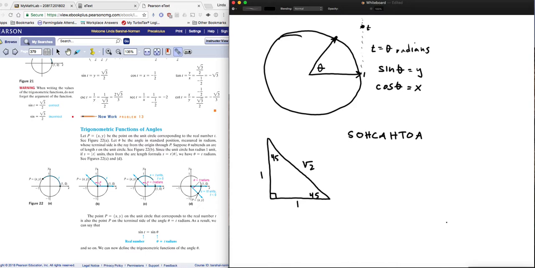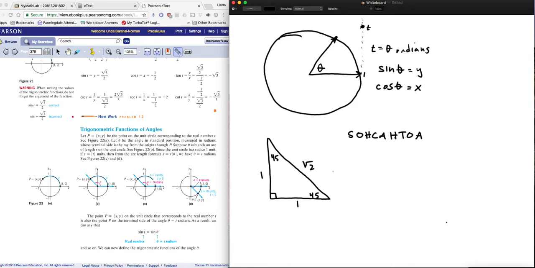Sine is opposite over hypotenuse. Cosine is adjacent over hypotenuse. Tangent is opposite over adjacent. So dig that out of your high school vocabulary.